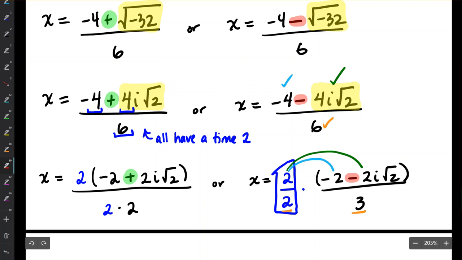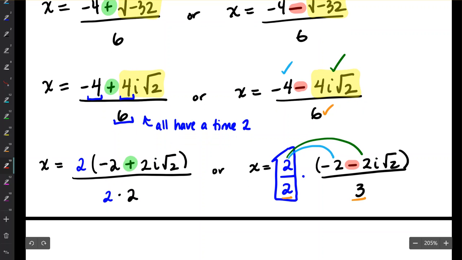This is the plus or minus. Pause the video, convince yourself that each term in the numerator has a factor of 2, and the denominator also has a factor of 2, so there's this secret times 1 going on there, right?